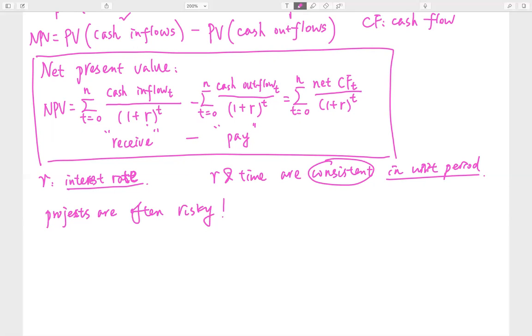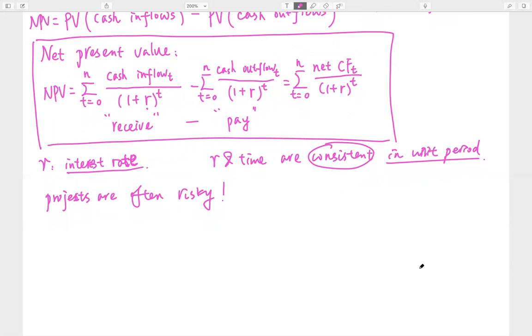So the point I'm trying to make is that the risk-free interest rate and this r are not the same. They cannot be applied interchangeably. So I should say this is put versus the opportunity cost.